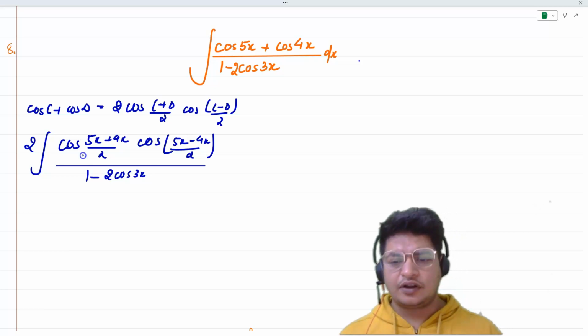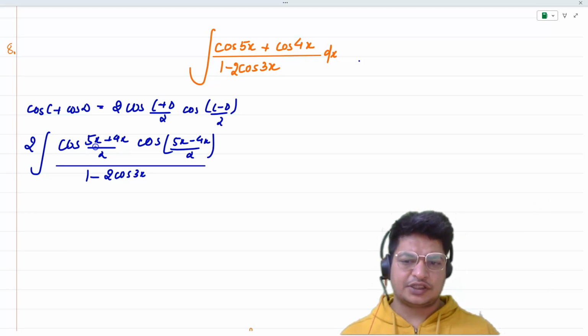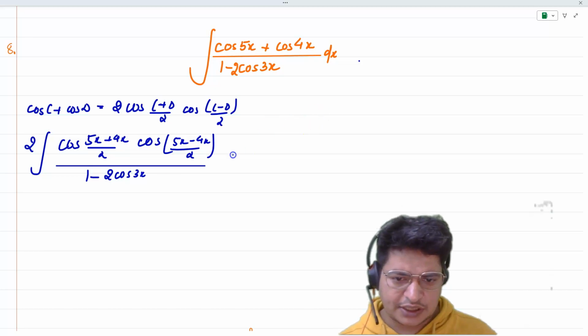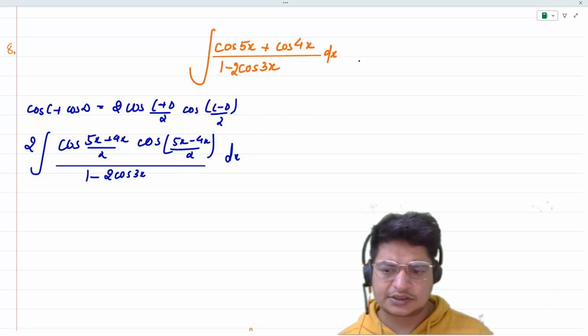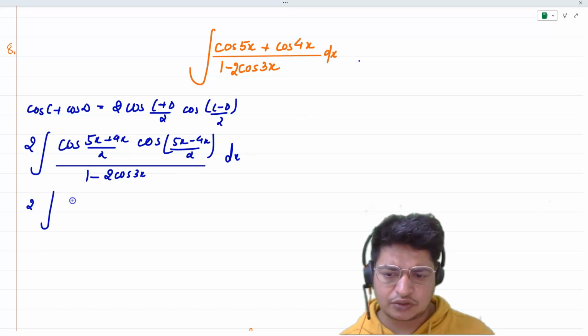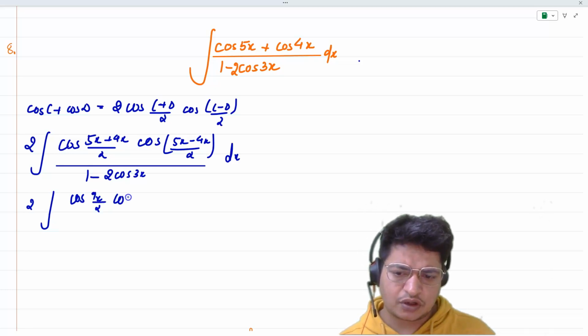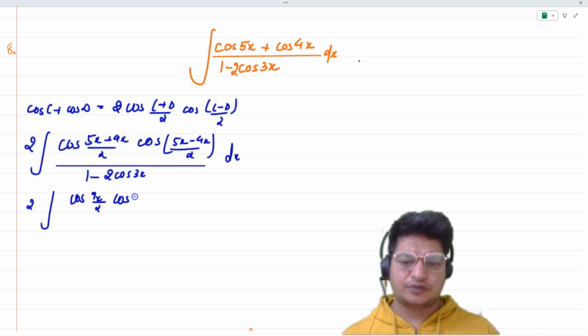Done. Now we can add 5x and 4x. We will write it as 9x, and 5x minus 4x is equal to x. So we can write this value as 2 into cos of 9x by 2 cos of x by 2.